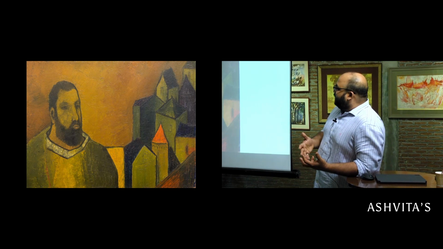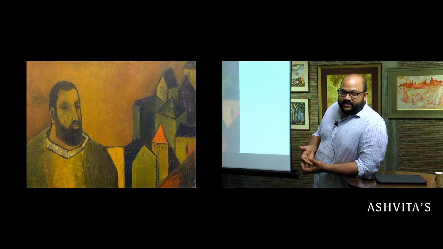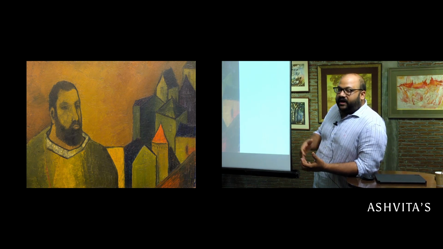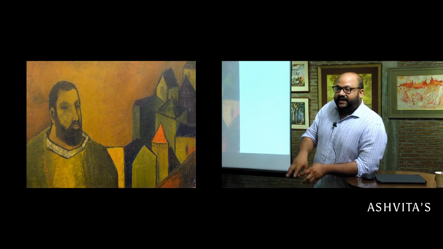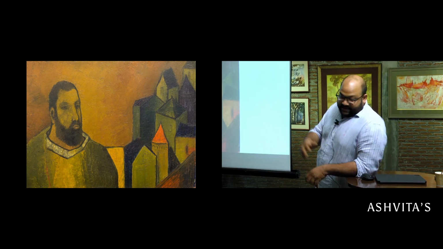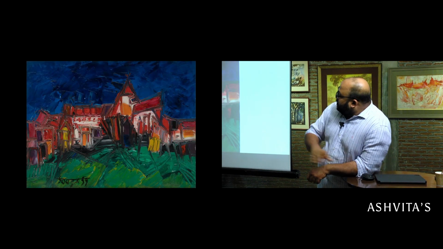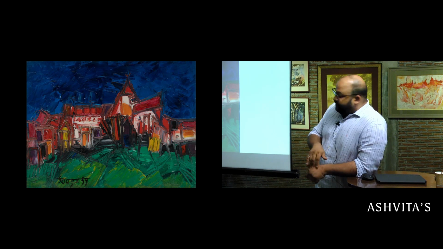They look like poor Picassos, but the point is they understood Cubism. They were exploring the ideas of Cubism. They were exploring the idea of modern art from the ground perspective in Paris. So Padamsee did this. Souza did this in 1959.